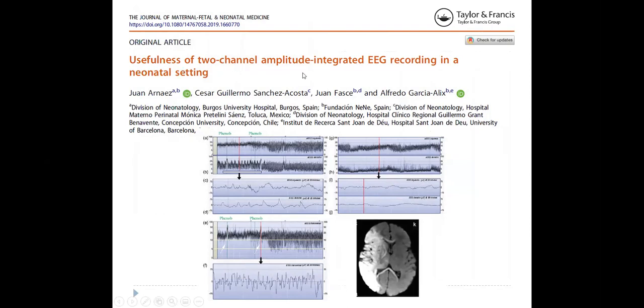Usefulness of two-channel amplitude integrated EEG recording in a neonatal setting, and we recommend the use of two-channel because you can see in the same baby at the same time.